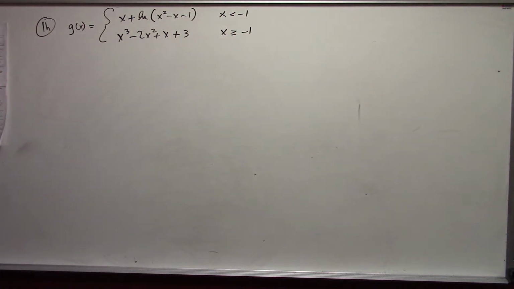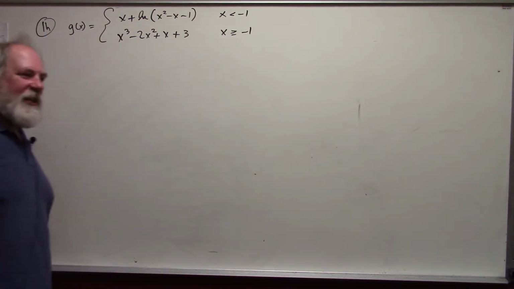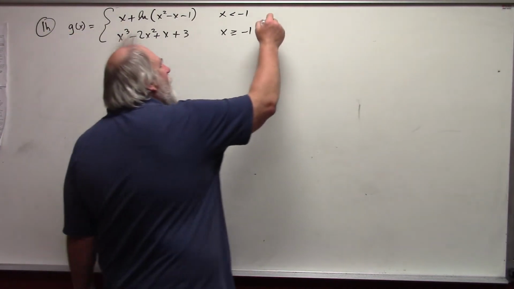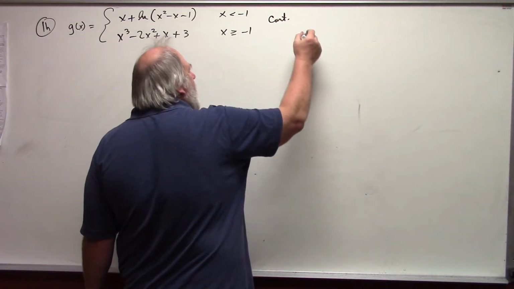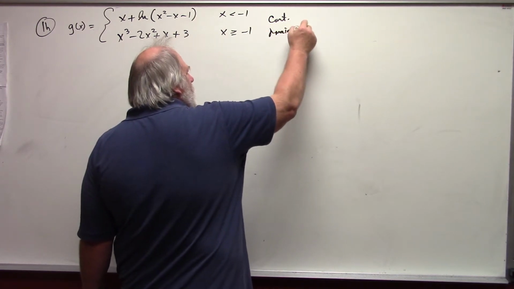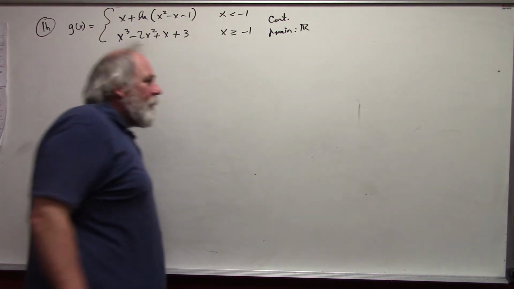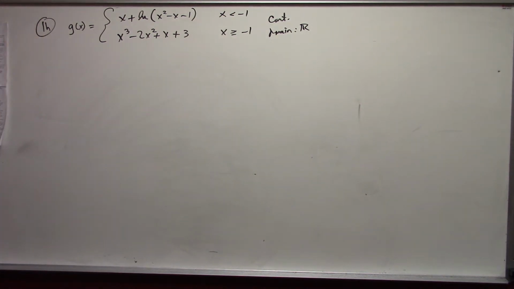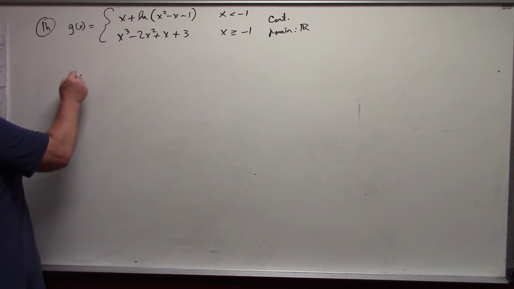Now I will tell you ahead of time, this function is continuous everywhere, and so the domain is all reals. We won't have to check that. But that's my original function.